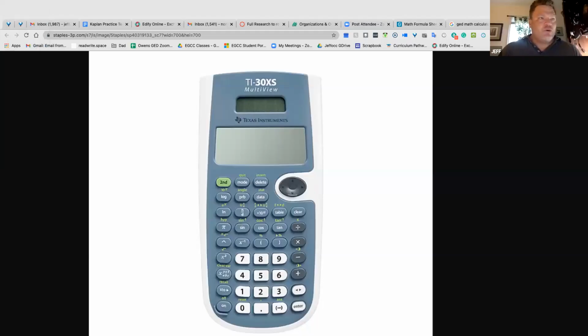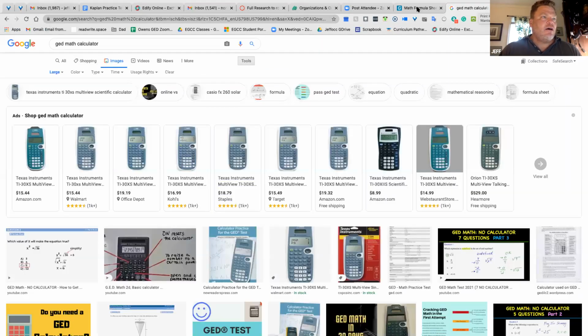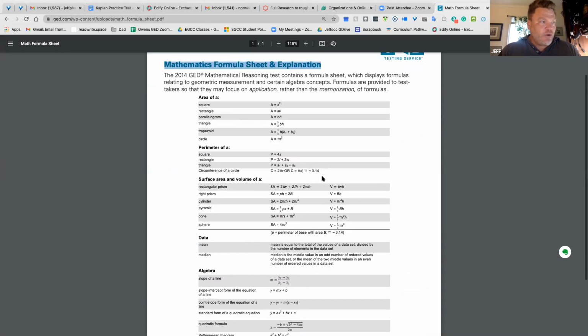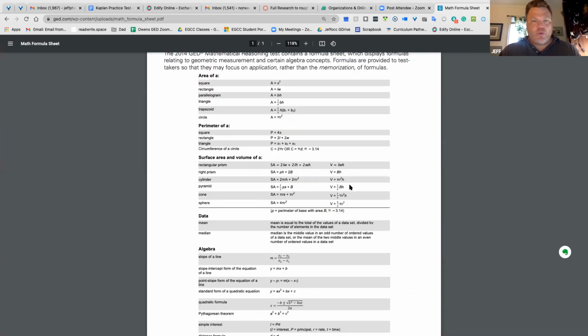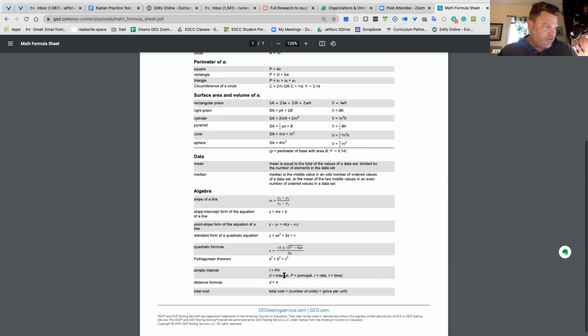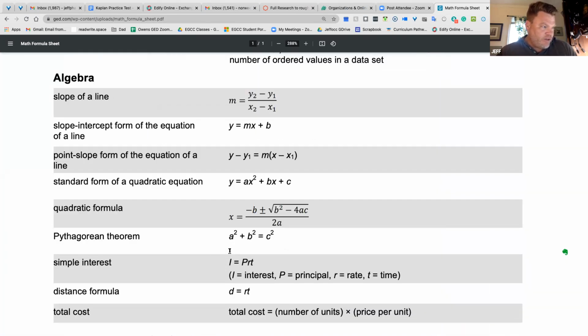So 2 of the things they give you on the test. One is the math. They give us a formula sheet, which we want to look at and not be overwhelmed by. We want to be comfortable, okay? Because this looks like a bunch of random typos here. But if we go to simple interest, right here, it says I equals PRT.